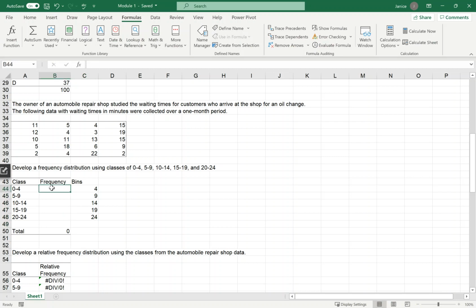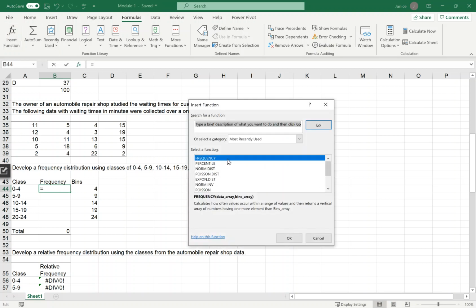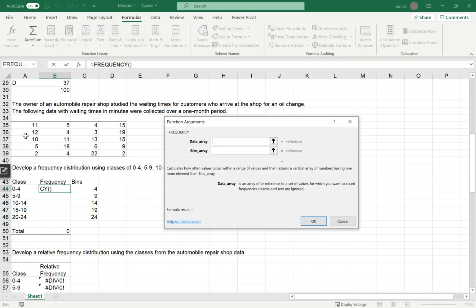Now to find our frequency, we're going to go to Formulas, Insert Function, and you can type in frequency, it'll pop up. Now our data array is going to be here, or you could just type in the cells. And our bin array is what we just created.